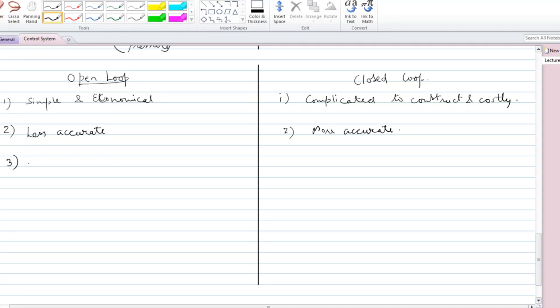Okay, third, simple in construction, so there is less stability problem.